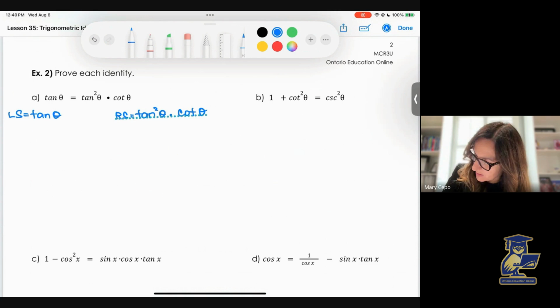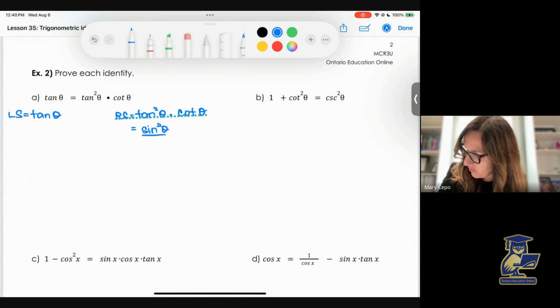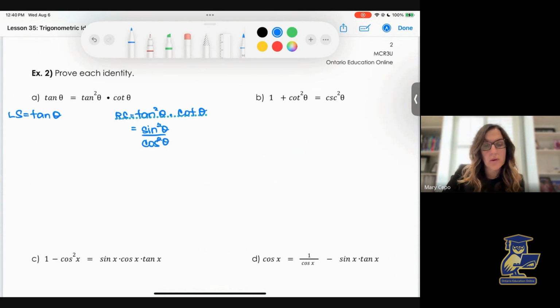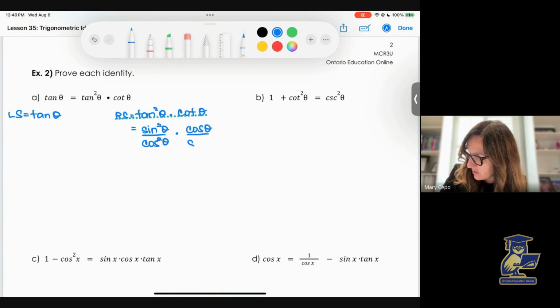So we're going to start with the right side because it's more complicated, but using the quotient identities, we know tan squared theta is the same thing as sine squared theta over cosine squared theta. And we also know then that cotangent is cos theta over sine theta.